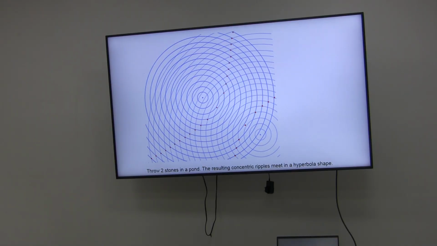So we can use the shape of a hyperbola in strengthening waves, the various types of waves, if we want to strengthen the signal or something like this.